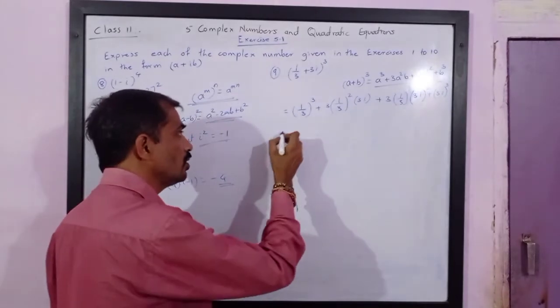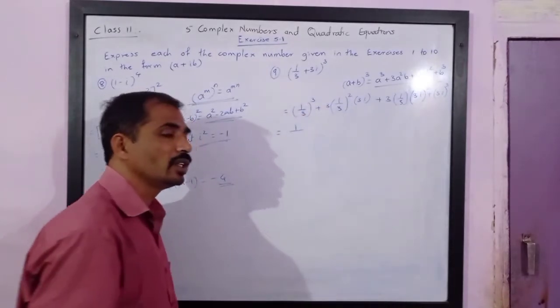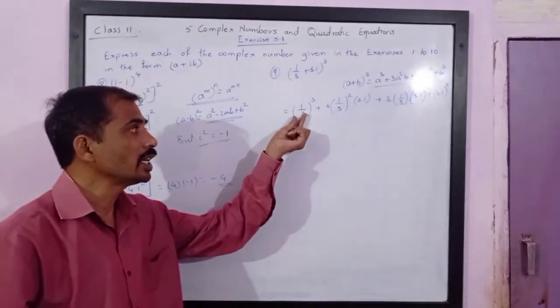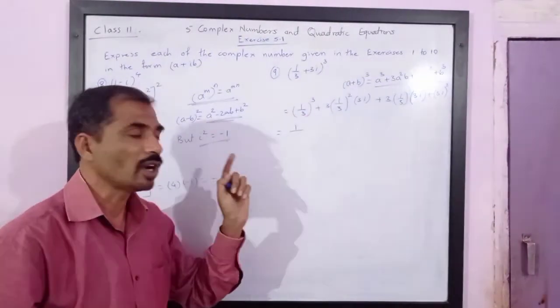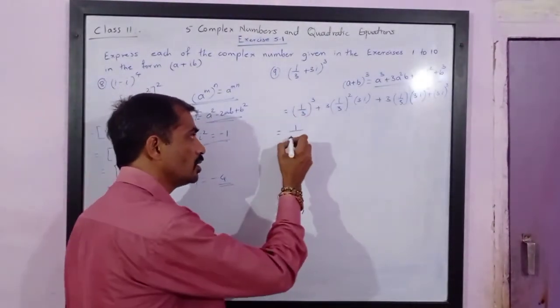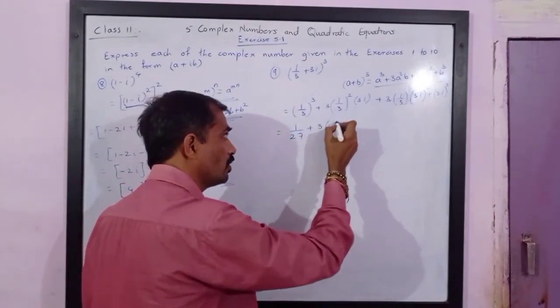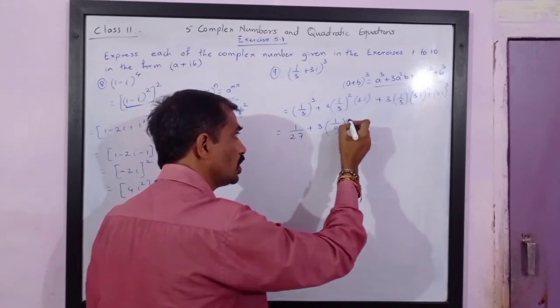Now if you solve this, you will get cube of 1 is 1, cube of 3 is 3 into 3 into 3. 3 3s are 9, 3 9s are 27. Please note, many students while taking a cube just do the addition and write 3 cube as 9. It is not 9, it is 27. Plus 3 multiplied by square of this, that is 1 upon 9, into 3i.